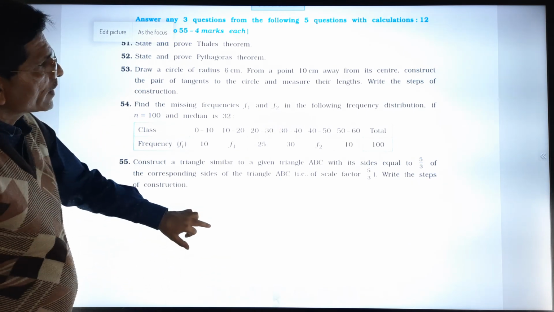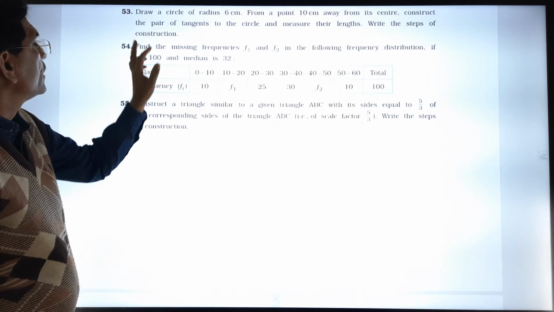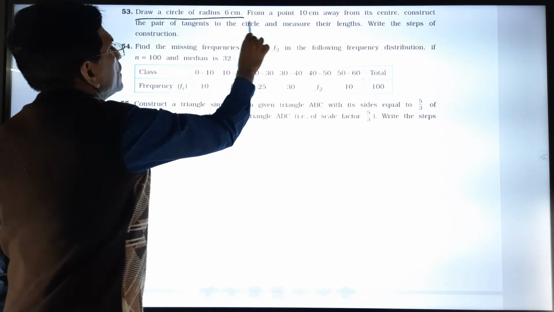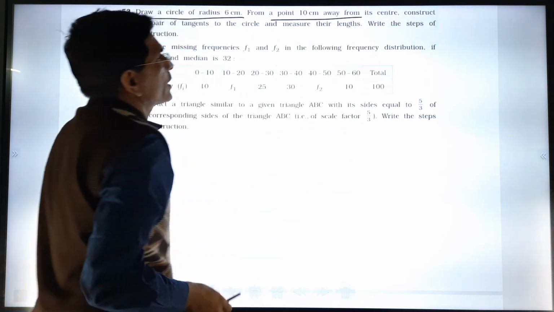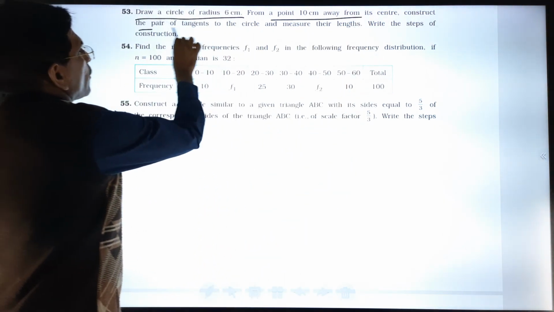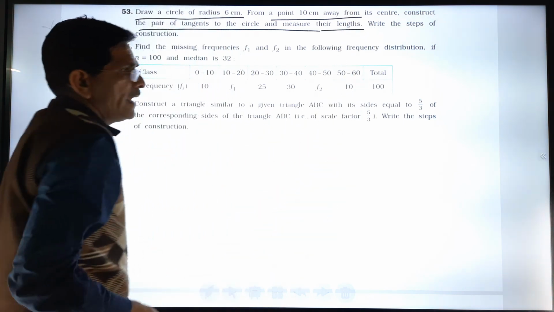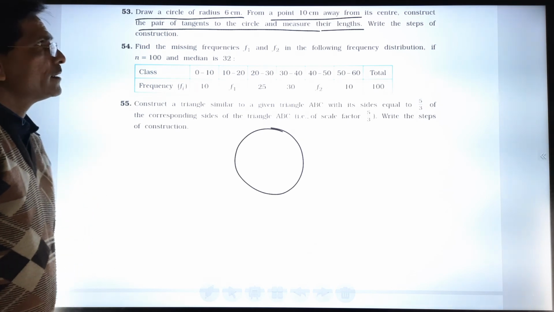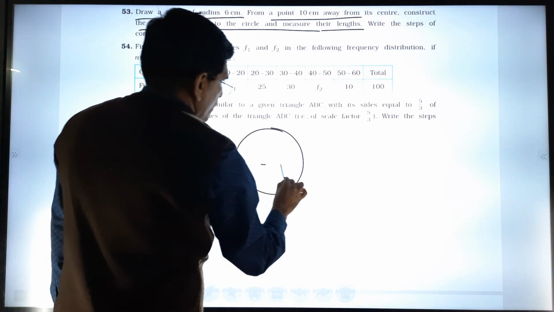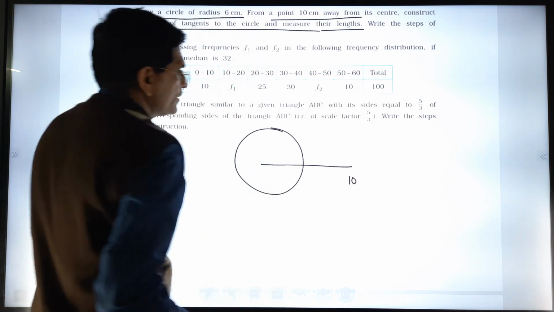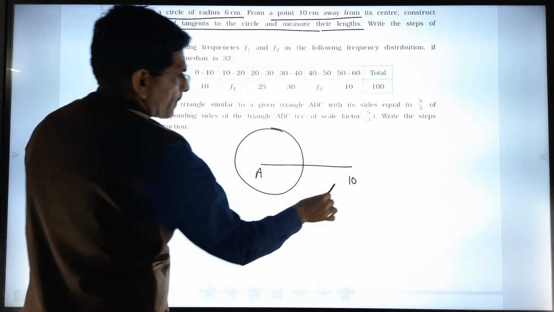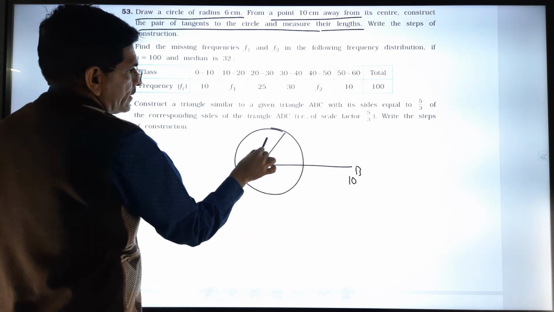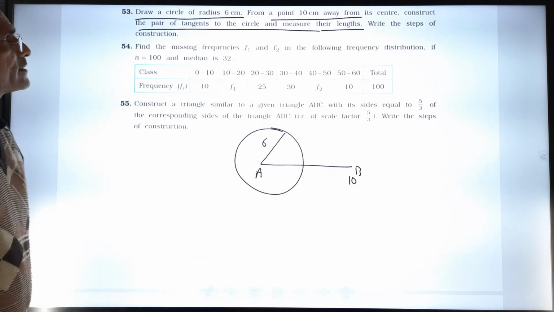And now question number 3, that is: the radius of a circle is 6 cm and the point is 10 cm away from the center. Construct a pair of tangents and measure the length. So how can we measure the length? That is important, because here the point is 10 cm away. The question is to draw a circle with radius 6 cm.